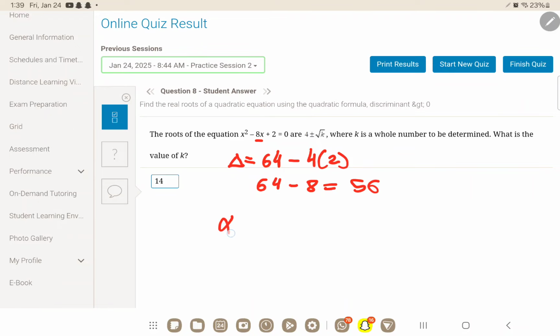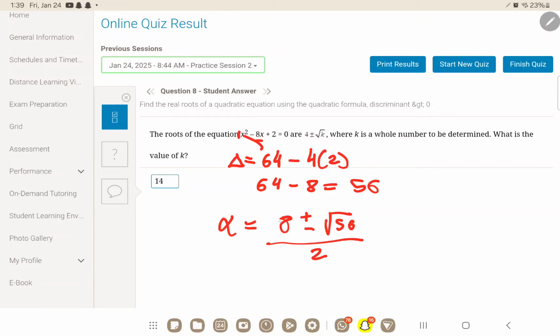Now the roots are going to equal negative b, so negative 8, negative 8 is positive 8, plus minus radical 56 over 2 times the coefficient of x squared, which is 1, so 2.